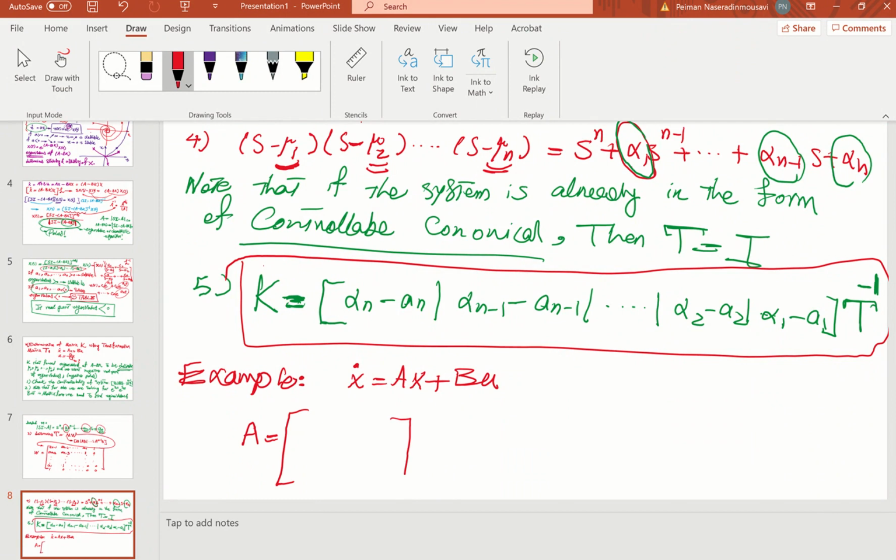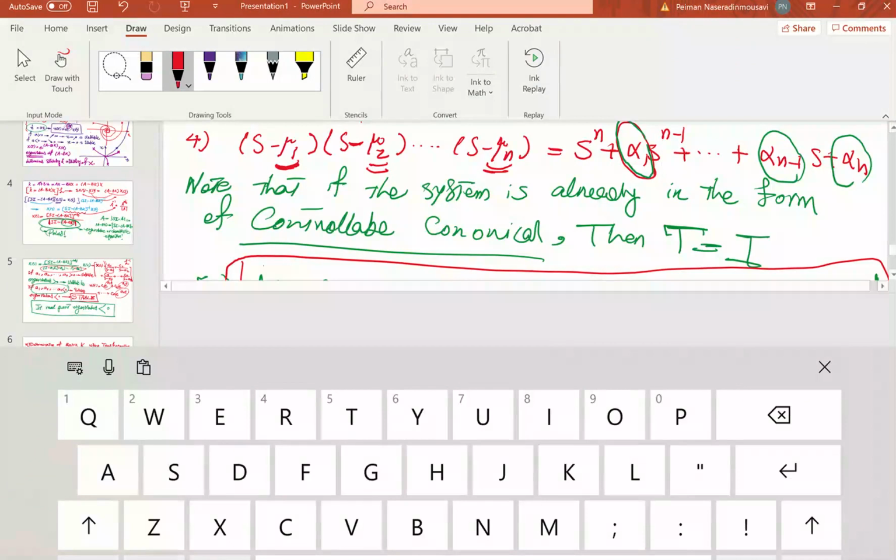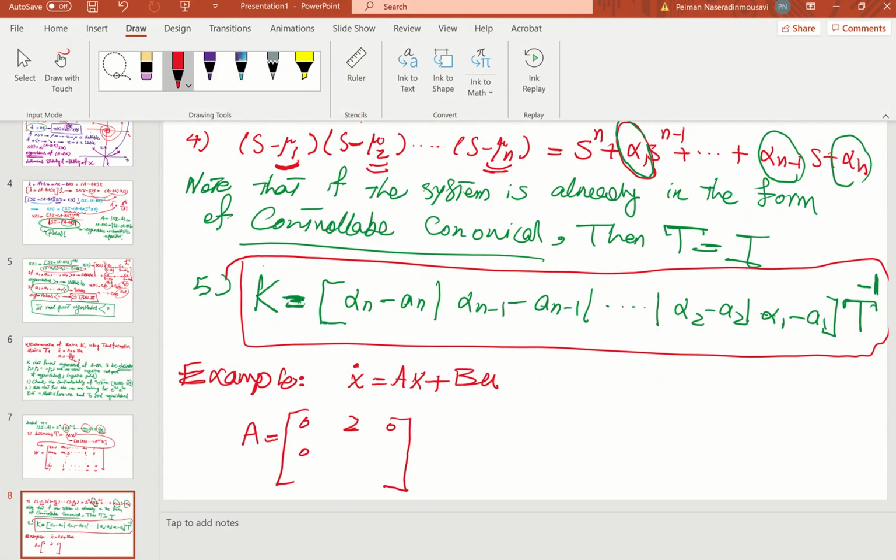You have 3 state variables: 0, 2, 0, and 0, 1, 0, minus 1, minus 3, minus 4. And your B, because this is a SISO system, single input, single output, is going to be 0, 0, 1, single input.